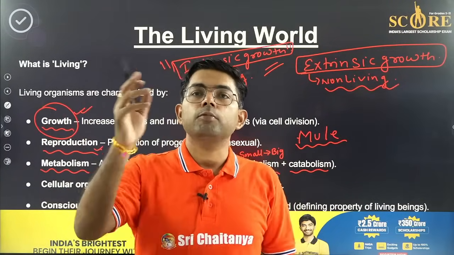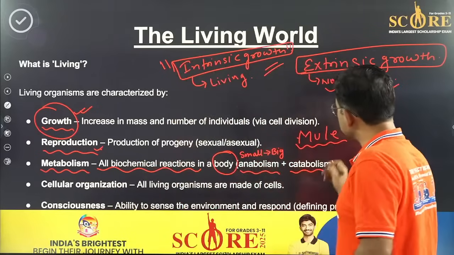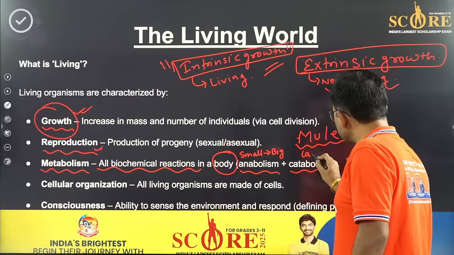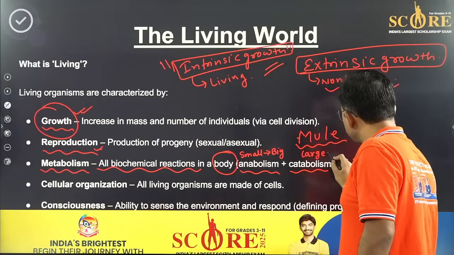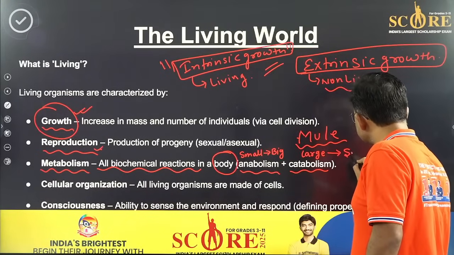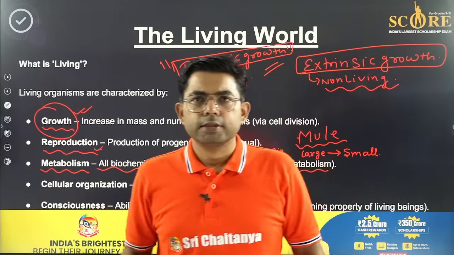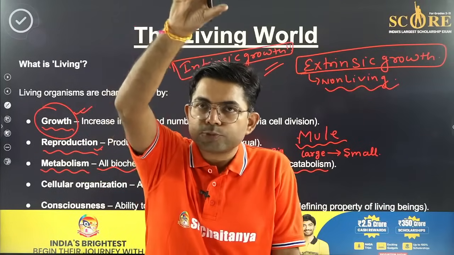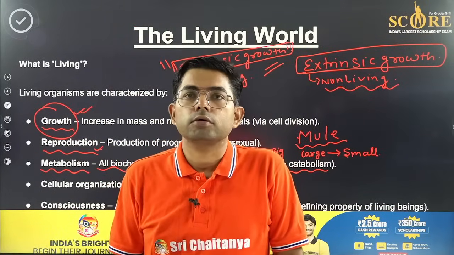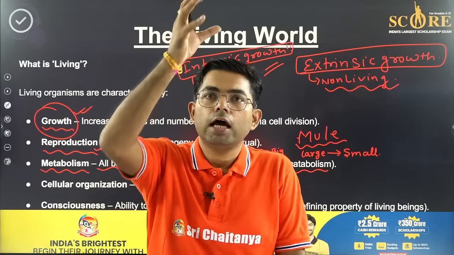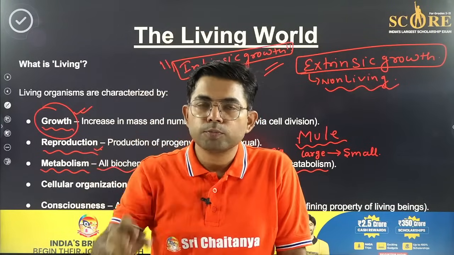Then comes catabolism. In catabolism, the reverse happens. Here a large complex molecule breaks down into small simple molecules. Example, glycolysis. Here glucose is broken down into small molecules. Digestion, large molecules broken down into small molecules.